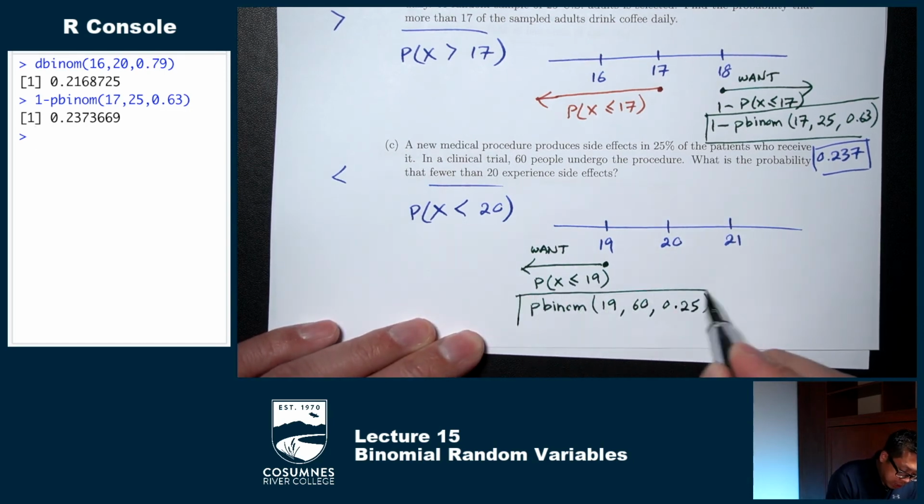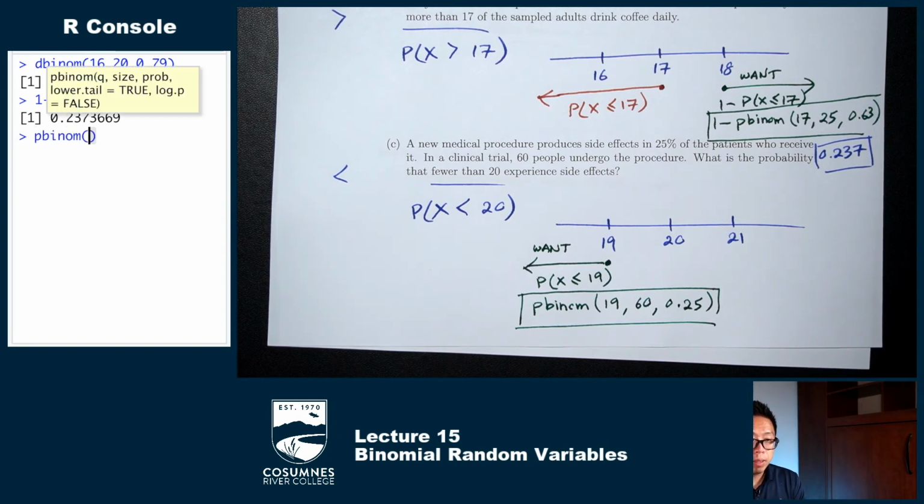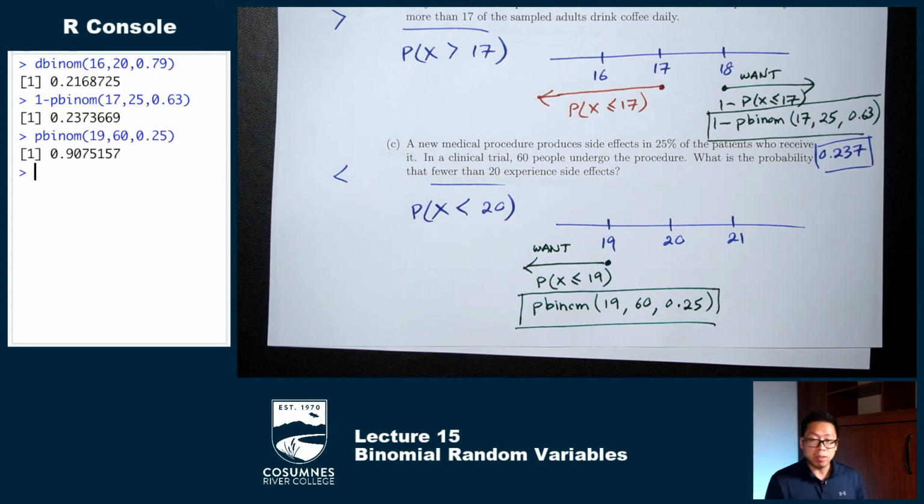Okay, that's a command I'm going to type in. And my answer, pbinom, parentheses, 19, 60, 0.25. Rounded to 3 decimal places, this is 0.908.